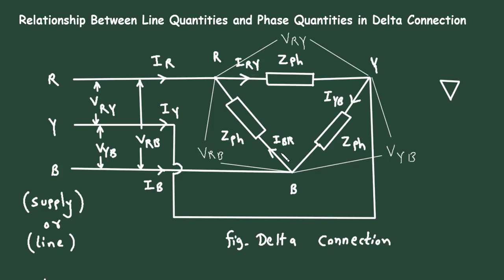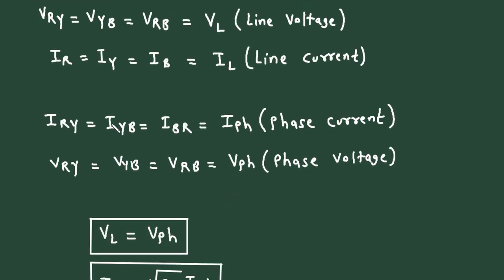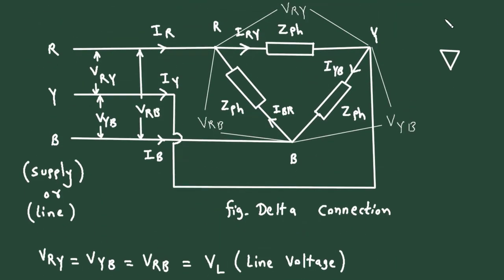Now these currents are called phase currents. Here we can see IRY is equal to IYB is equal to IBR is equal to phase current, which is represented by IPH. So this is line voltage, this is line current, and these are phase currents.